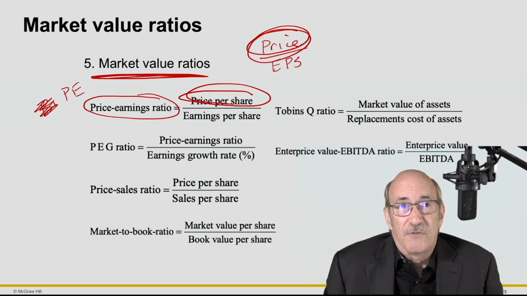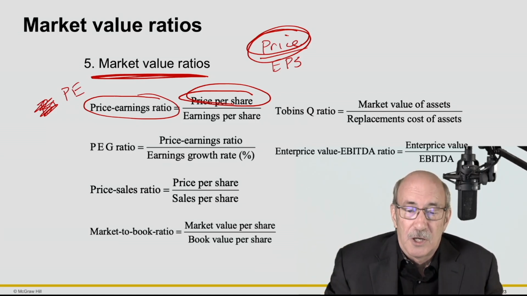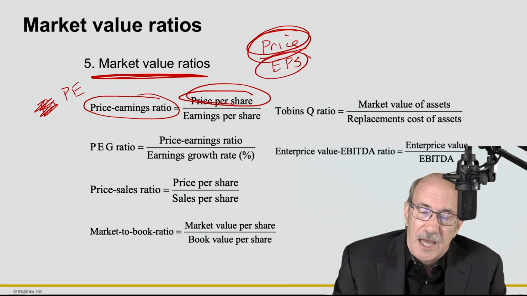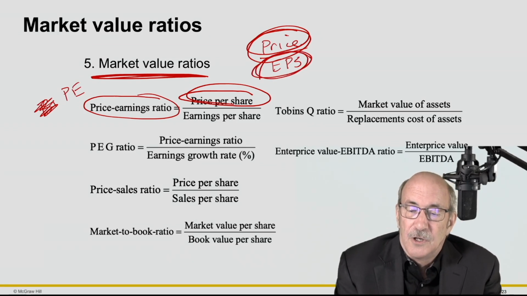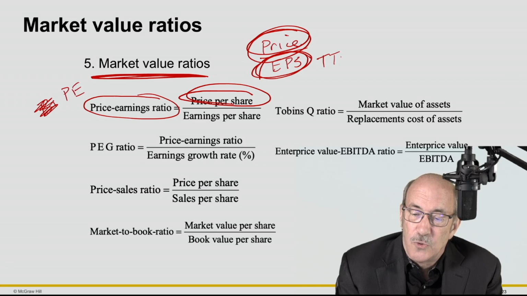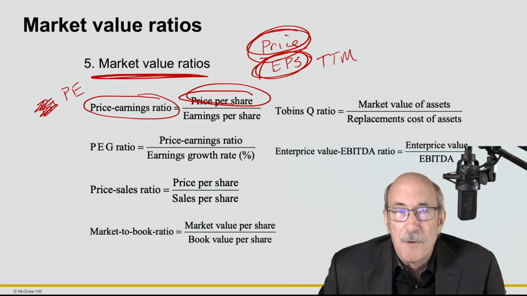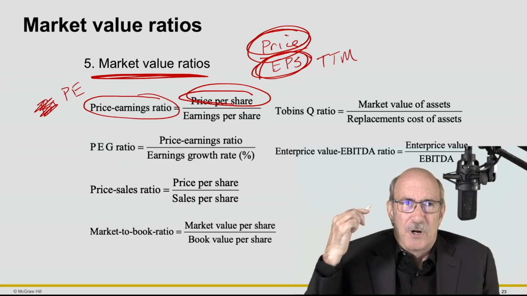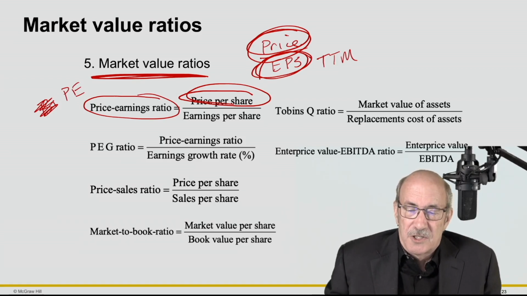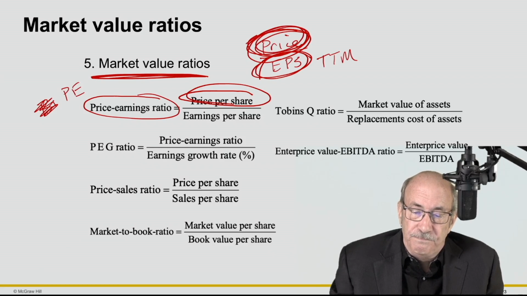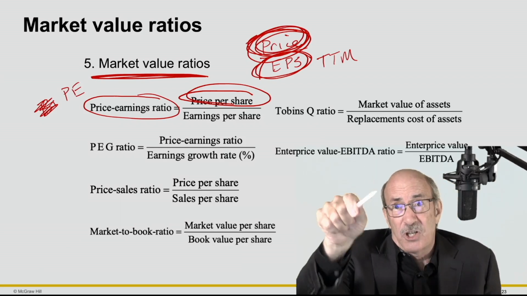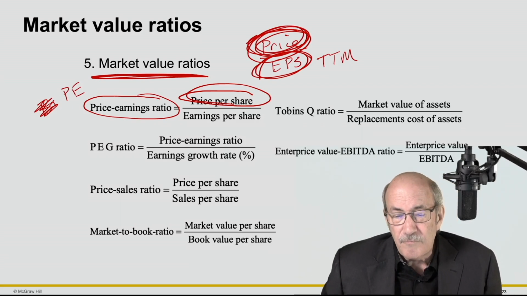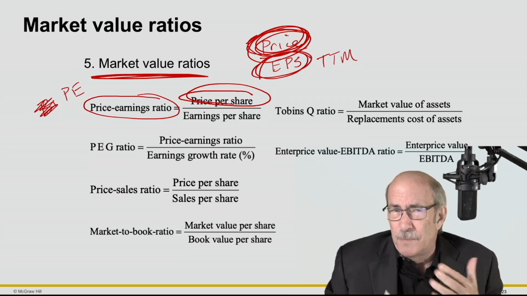Nevertheless, that price figure is always forward-looking, whereas if we take last year's EPS, or what's known as trailing 12 months, TTM, that's back there. That already occurred. The price that's in the numerator is what investors are expecting to occur in the future. So, not a very good matchup there, right?